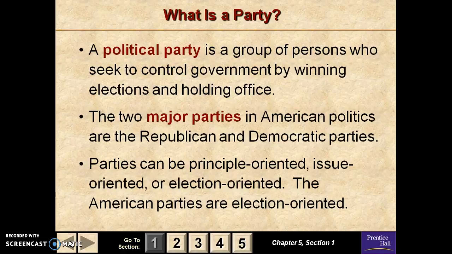So we move forward now to 2004. The Democrats are trying to present this change mentality when they put John Kerry up against the incumbent George Bush. There's that word again, incumbent. That is the person who is currently holding office and is going to be running for re-election.